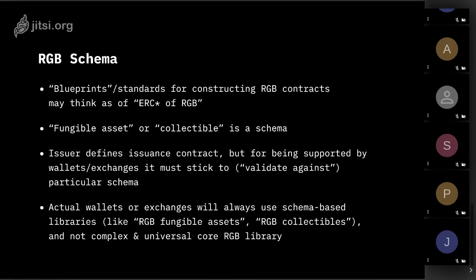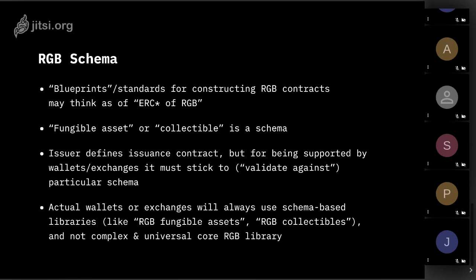So to abstract that, we will be creating, and we are already creating, so-called schema-based libraries. If wallets would like to use RGB assets, they don't need the whole nearly unlimited RGB functionality. They just need to work with the RGB contracts that are done according to the fungible asset schema. And the library will provide them with asset-specific functions.